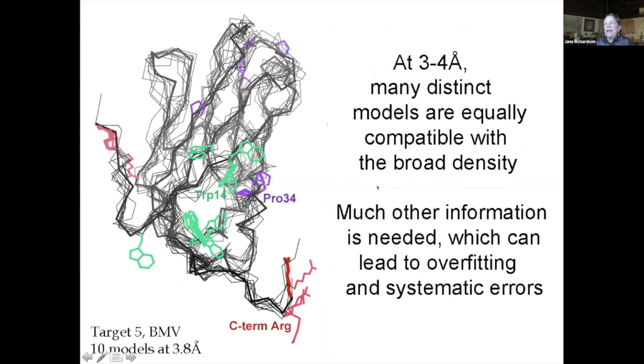And the basic thing is that at 3 to 4 angstroms, and even more so at lower resolutions than 4, the map is compatible with really significantly different models. Even in this case, one's traced backwards and with lots of sequence misalignment.